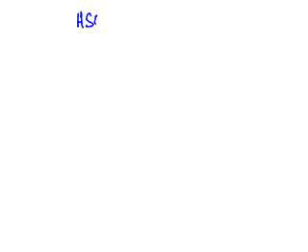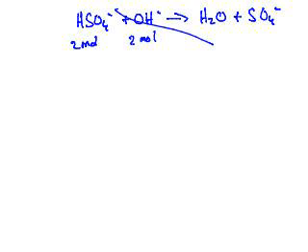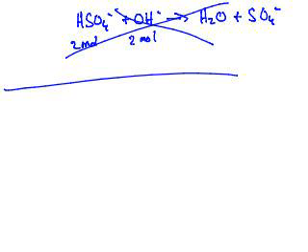If you've got HSO4 minus plus hydroxide, that turned into water plus sulfate, right? The moles of this are equal to the moles of this, right? So if this is 2 moles, this is 2 moles. Nah, don't worry about it. Never mind. I was trying to think of another way to ask this question, and it's escaped my brain.